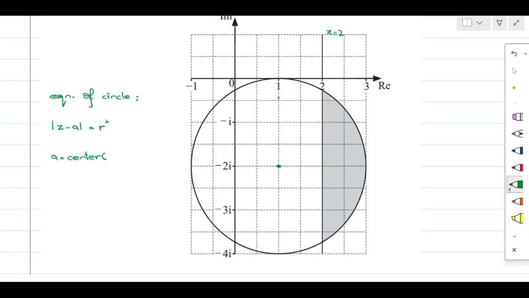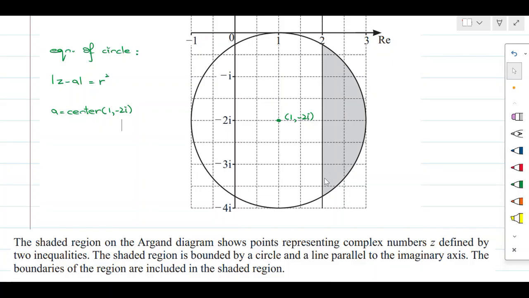It is mentioned: the real coordinate is 1 and the imaginary coordinate is minus 2i. So we can write the equation of the circle as the absolute value of z minus 1 plus 2i equals r square.